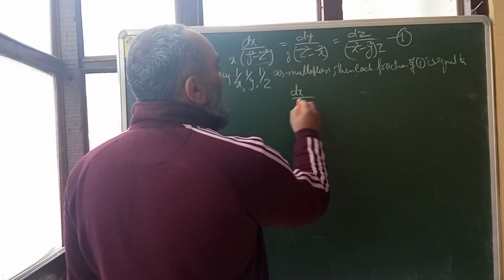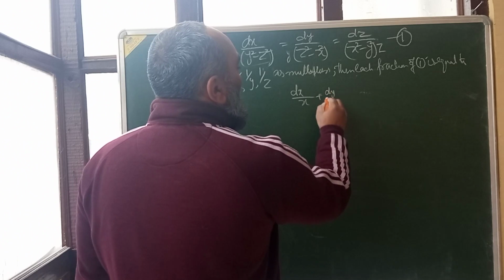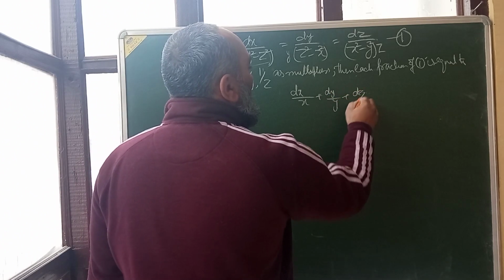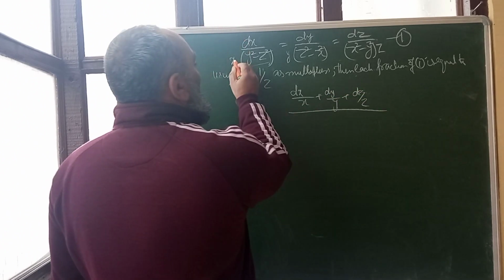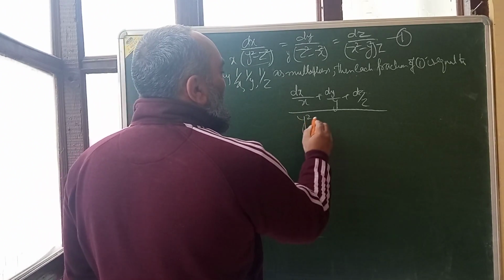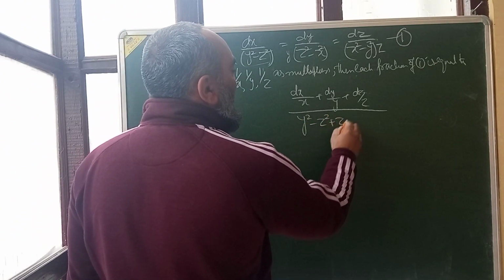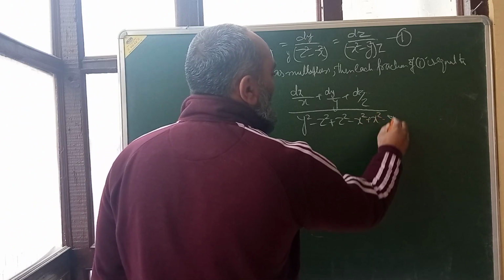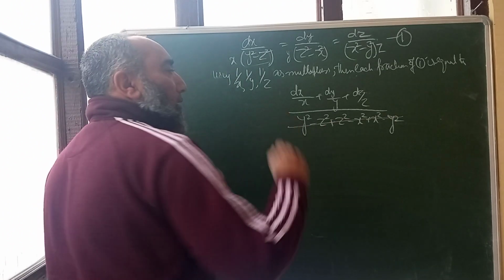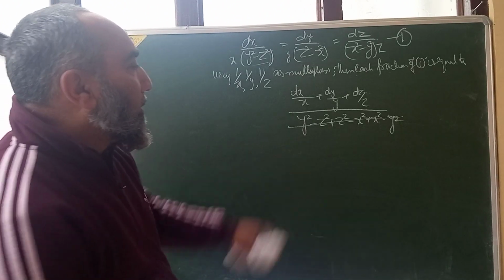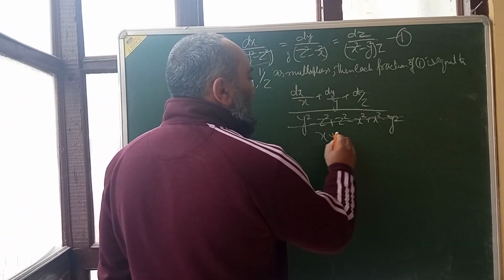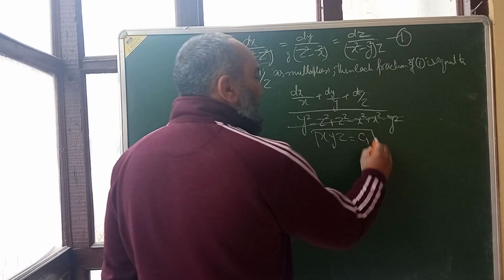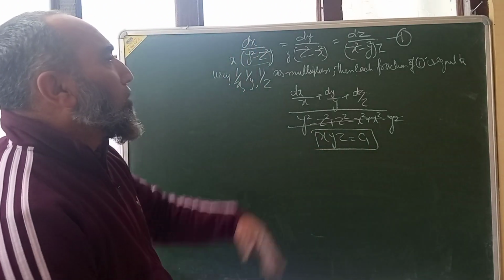It is dx by x, dy by y, dz by z divided by, you have taken x over here, from here y square minus z square minus x square minus y square. So this is 0, and you will again get xyz equals C1. First solution. Another solution is very important.